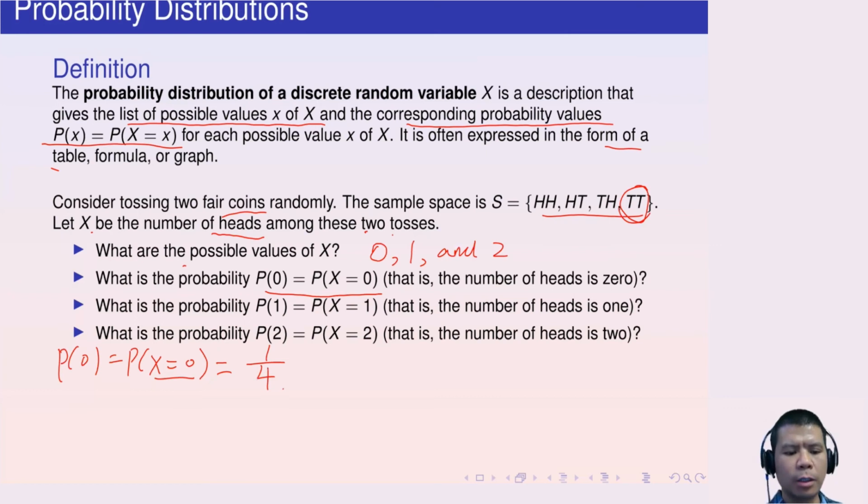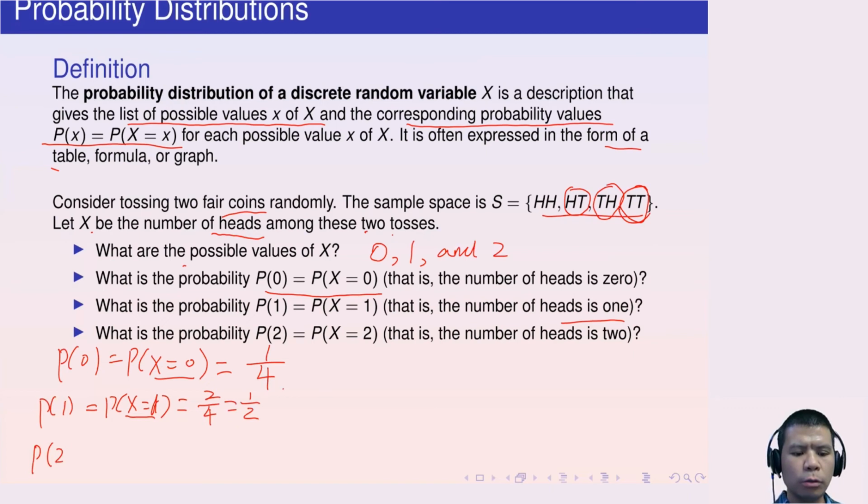Similarly, the probability of 1, x equals 1. Now, x equals 1 means the number of heads is 1. So that means head, tail, or tail, head. That's 2 out of 4, which is 1/2. Finally, P of 2 equals the probability x equals 2 equals what?